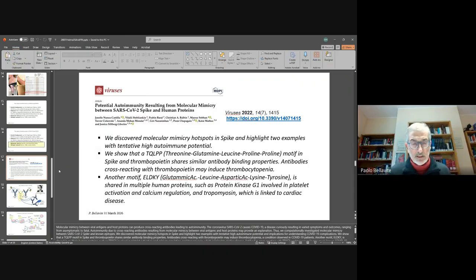For example, the TQLPP motif in spike has a similarity with thrombopoietin, and ELDKY is shared with, for example, protein kinase involved in platelet activation.